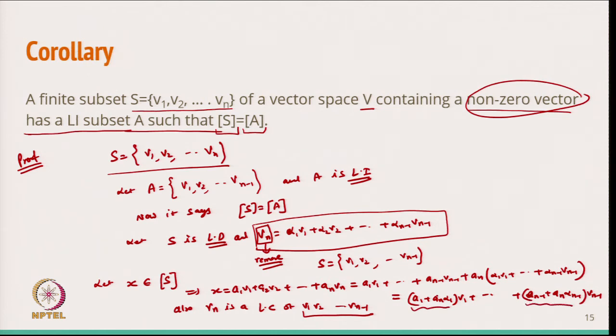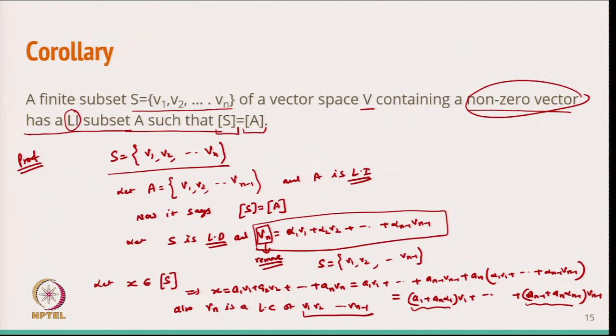So, from here I can say that x belongs to the linear combination of the vectors that belong to the set S, because the only condition is that A is a linearly independent subset. So, because A is linearly independent, this is written as a Li subset A. That we have to keep in mind. Okay.